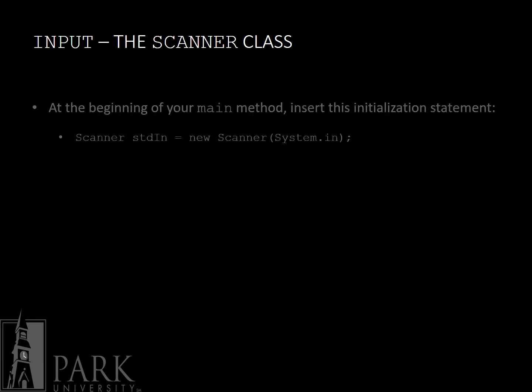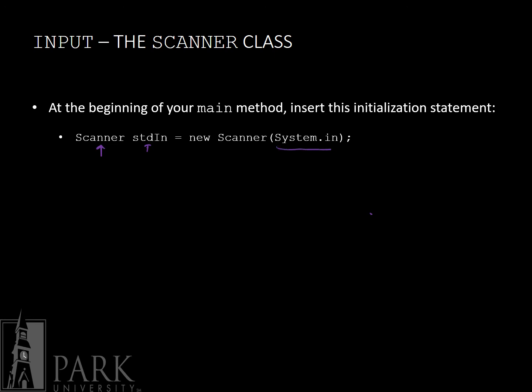Once our class is imported into our program, we can use that. And to do that, first we have to create a scanner object and initialize it like you see here. We have a type called scanner called standard in, and we're creating a new scanner object and we're using the system.in to initialize it.